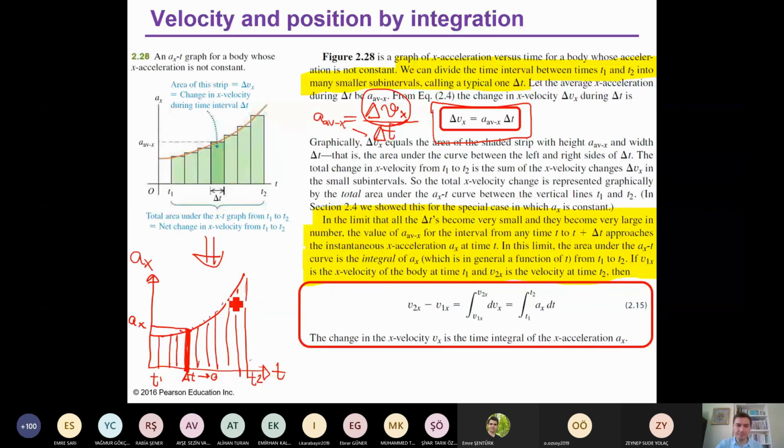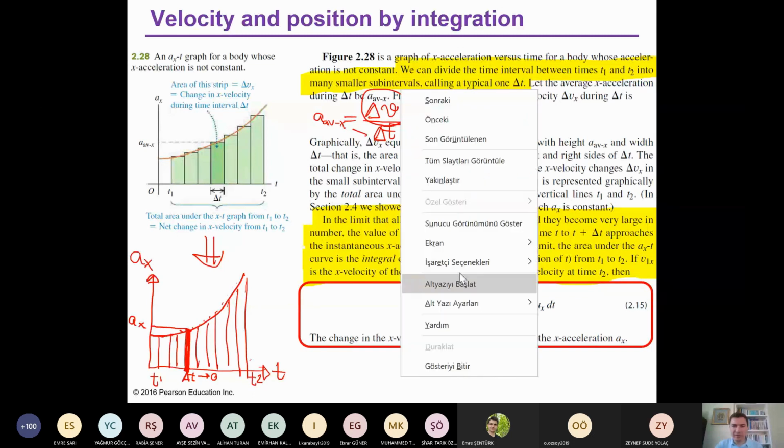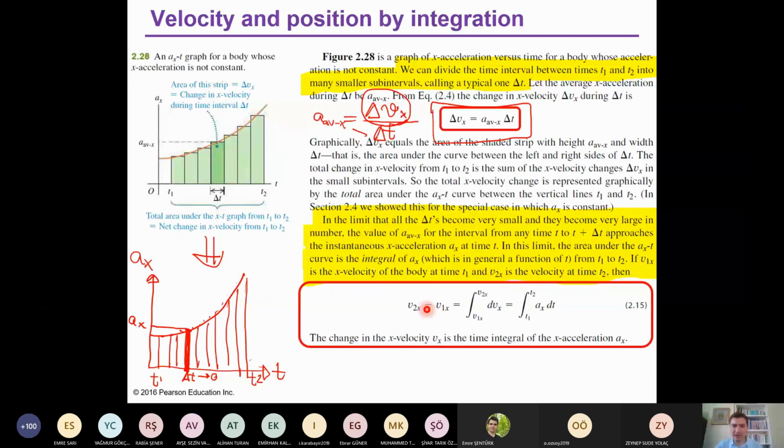So what do I have here? I have here delta Vx. What was delta Vx? V2x minus V1x, final velocity minus initial velocity. So I can write it like this, the integral from initial velocity to the final velocity of dVx, which is given by a times dt.